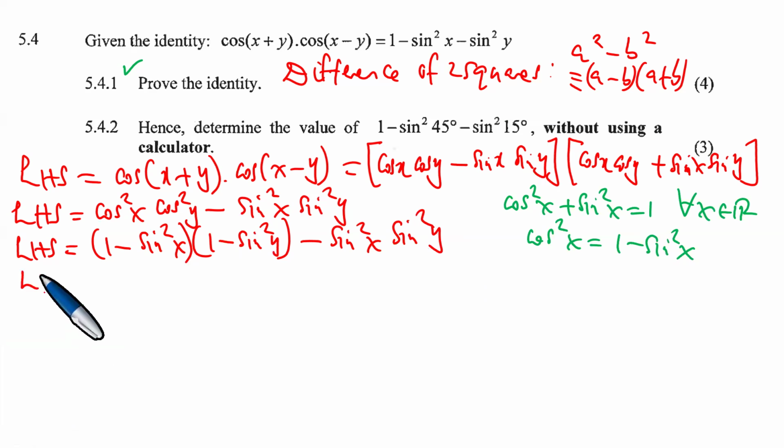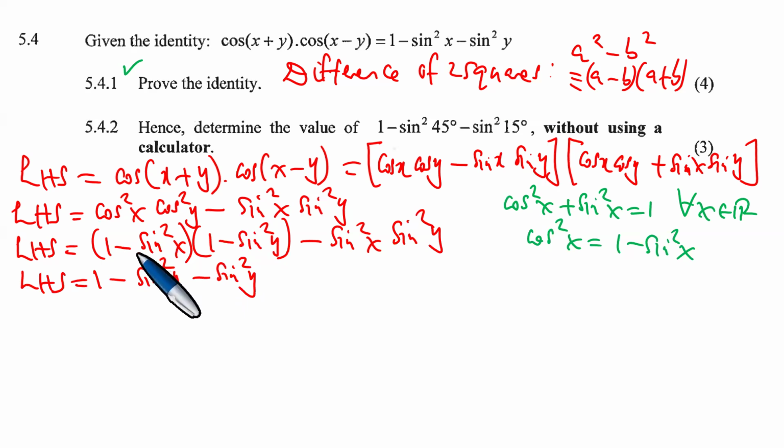Okay, by distribution, opening up the parentheses here, we have 1 times 1, which is 1. 1 times minus sine squared y, which is minus sine squared y. Minus sine squared x times 1, which is minus sine squared x. And then if you multiply these, this one we multiply everything because it's not a difference of two squares. It's not just plus or minus with the same expressions within the parentheses.